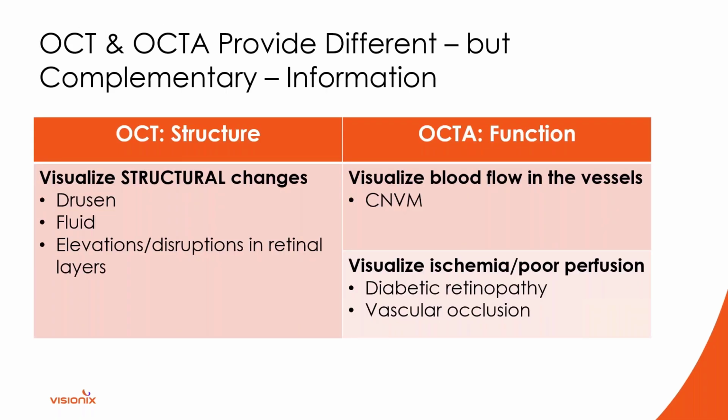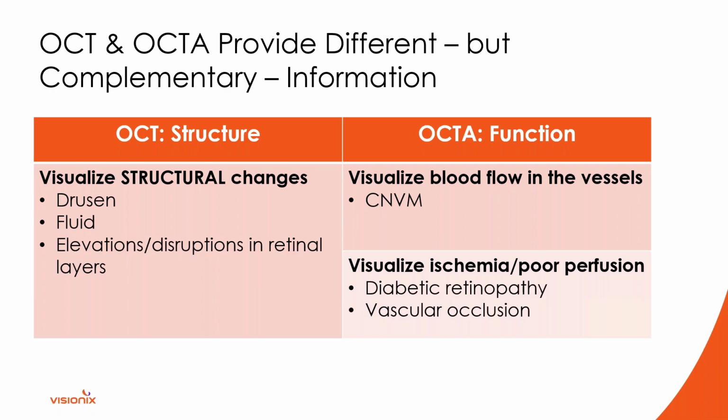So here's really the summary of what I've been saying for the last few minutes. OCT is phenomenal for any elevations or depressions in tissue, things like drusen, things like fluid, any overall elevation or depression. OCTA is going to be better at visualizing either too much blood or not enough blood.